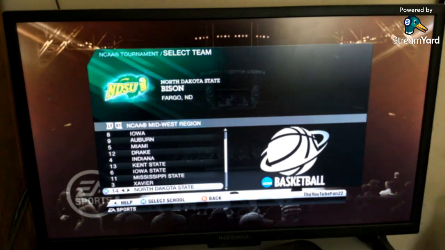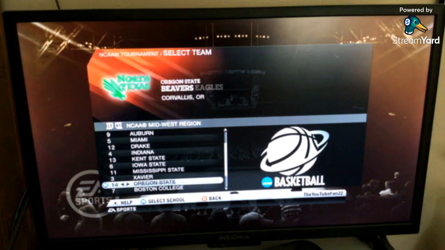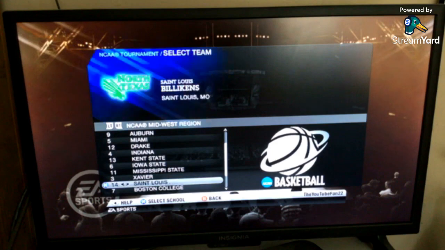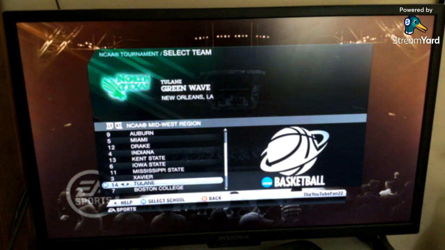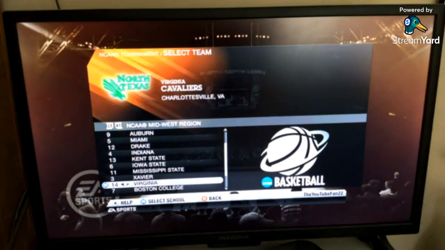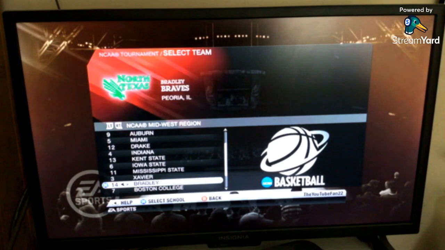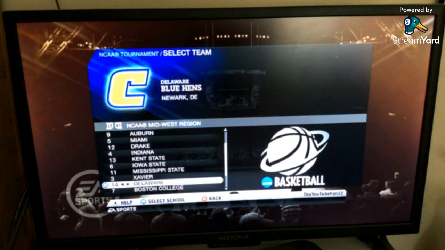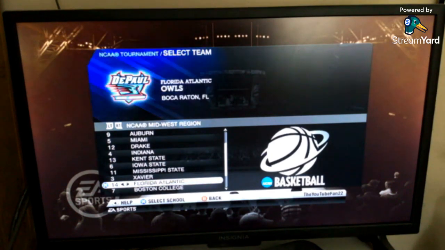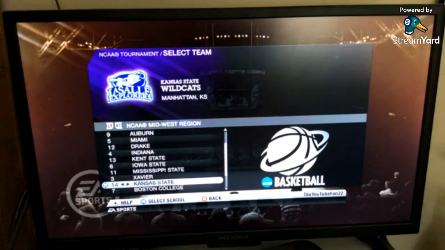I don't think Kennesaw State is in the game. Alright, so we're going to go.